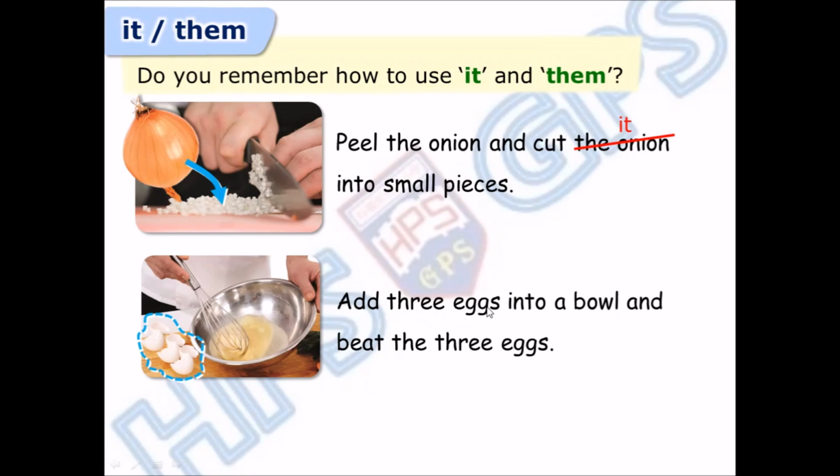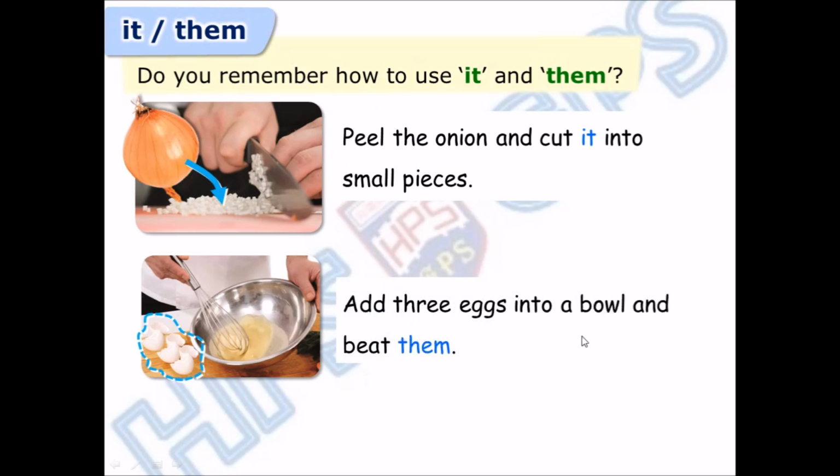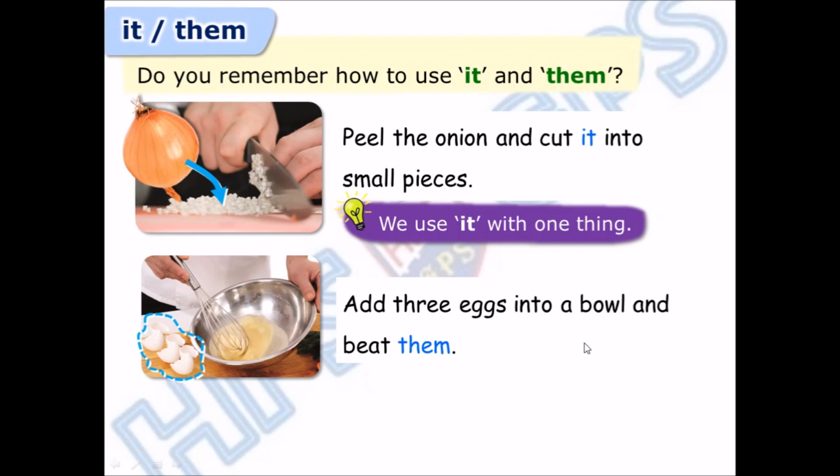Add 3 eggs into a bowl and beat the 3 eggs. The subject is 3 eggs. Which object pronoun will you use to refer to 3 eggs? Them. We use it with one thing.